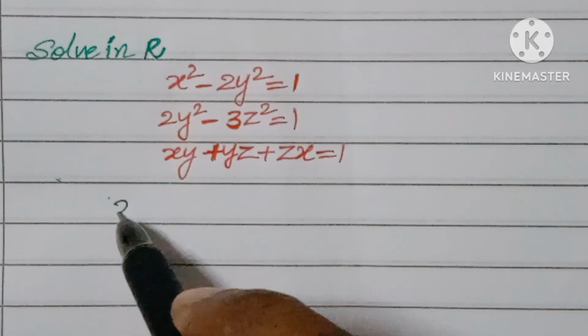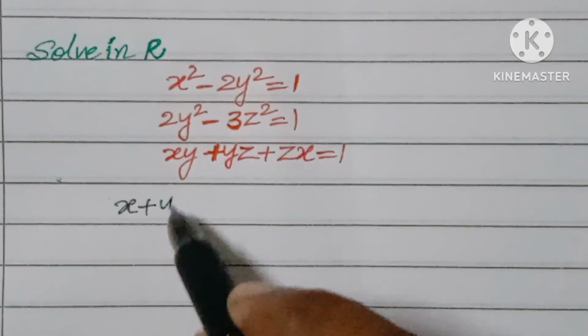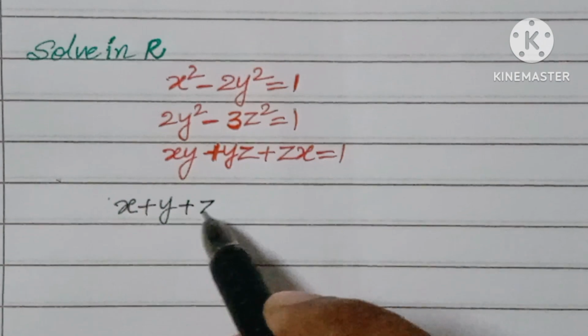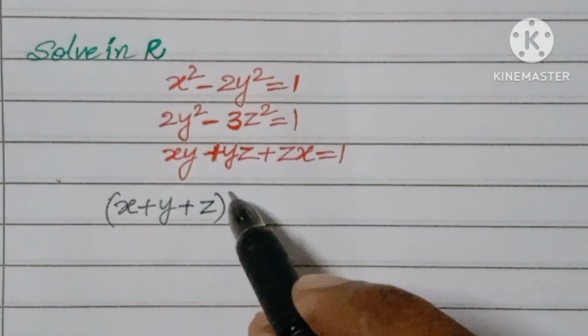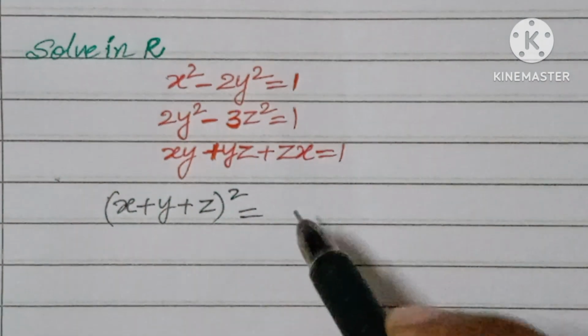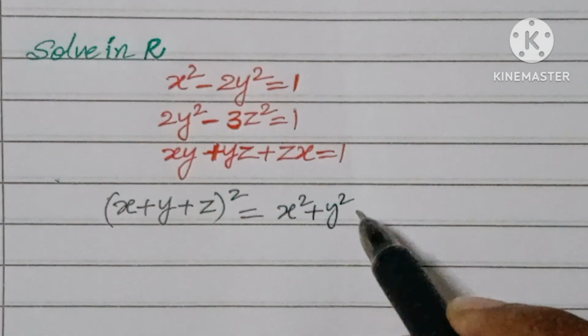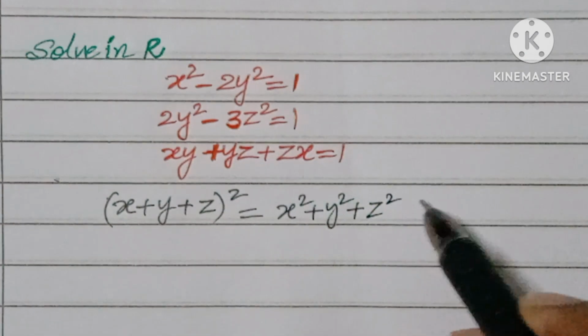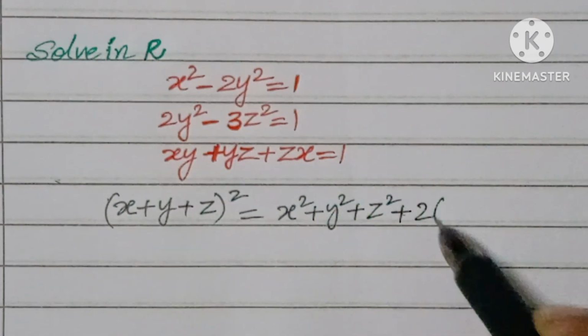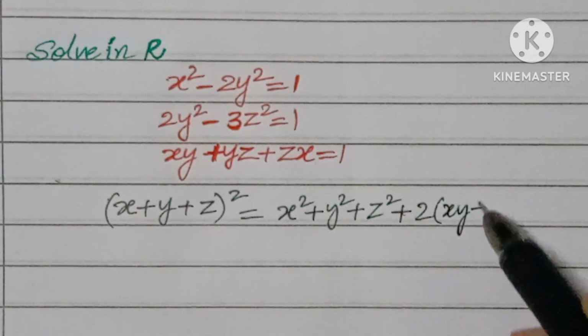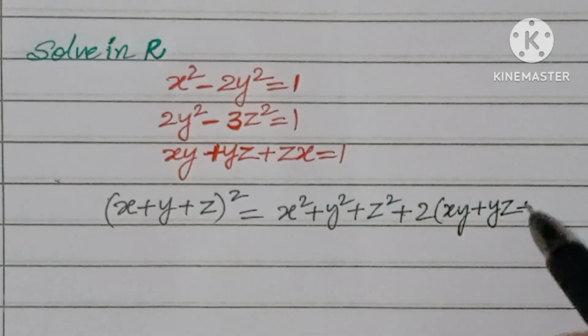What is the logic? Here you have to take the formula: x plus y plus z whole square is equal to x square plus y square plus z square plus 2 into xy plus yz plus zx.